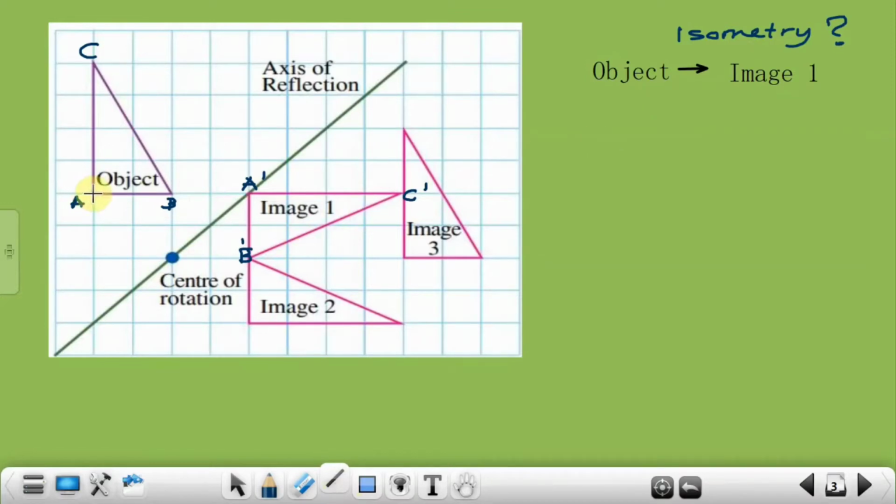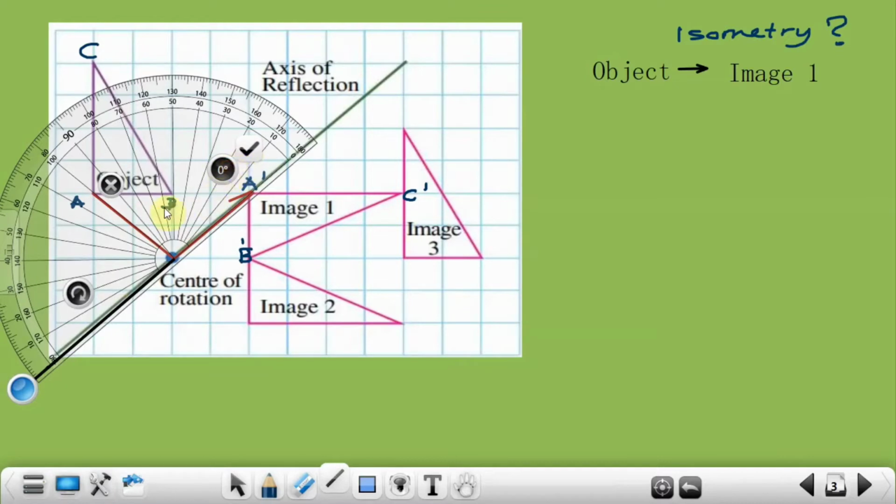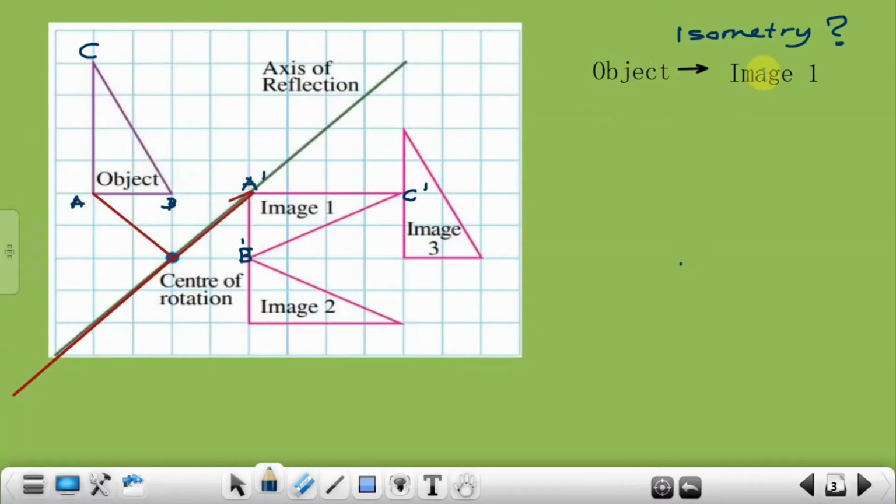You just take one point, connect it to the center of rotation, then take the image of the point, A prime, and go to the center of rotation. Then the degree of rotation is 90. Object is mapped to image 1 under a rotation of 90 degrees.